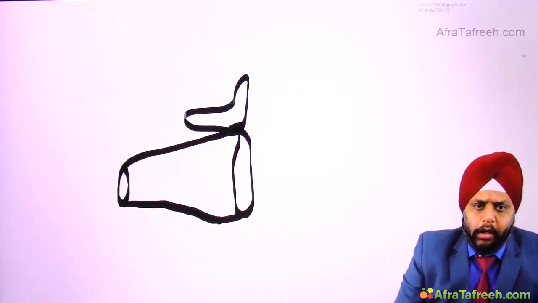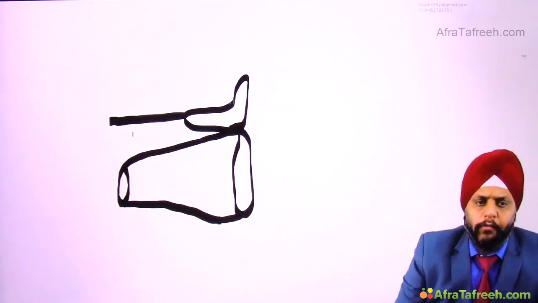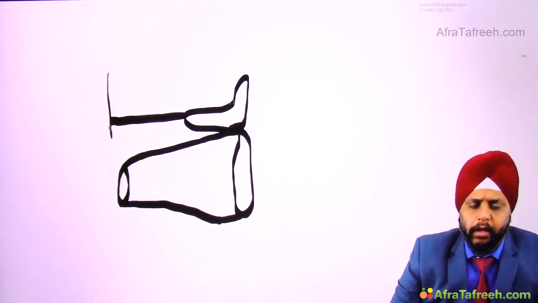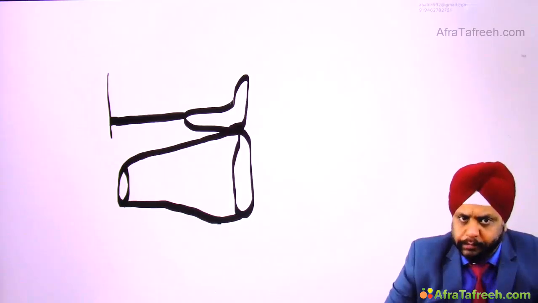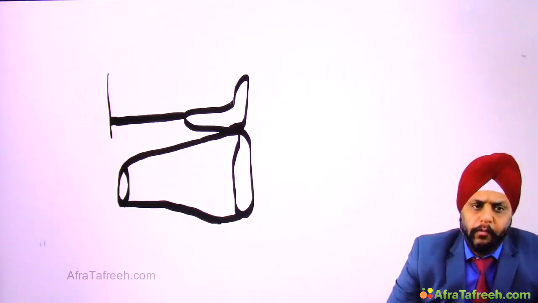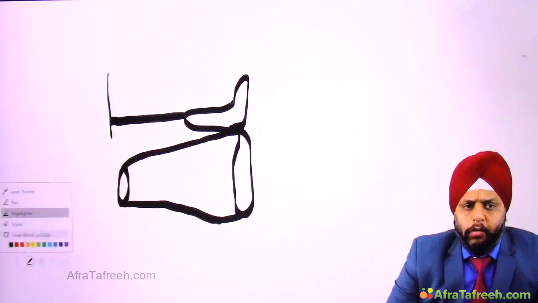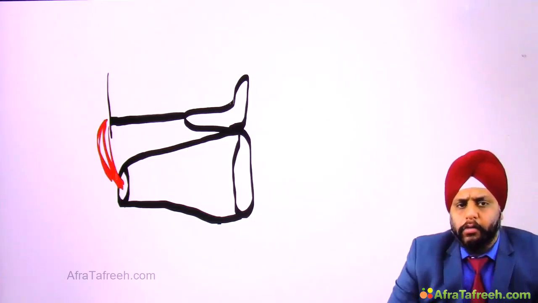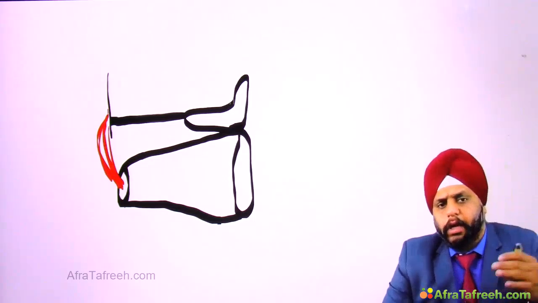From the arytenoid cartilage, the vocal fold goes and attaches to the thyroid cartilage. All right, that is clear to everyone, right? Now, from the cricoid cartilage on the anterior surface, we have a muscle, which is the cricothyroid muscle. It is on the external surface.